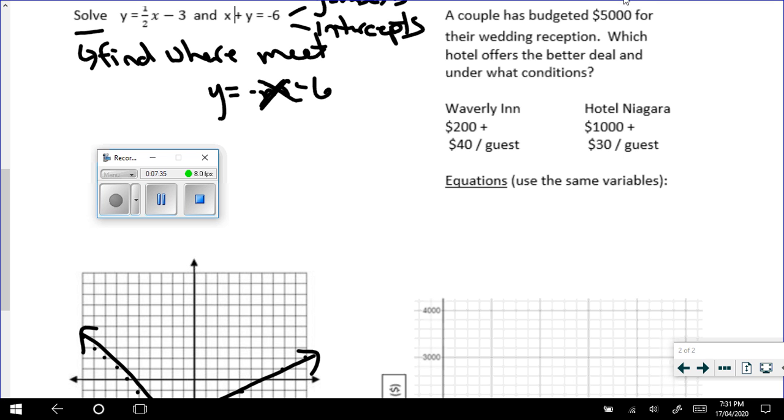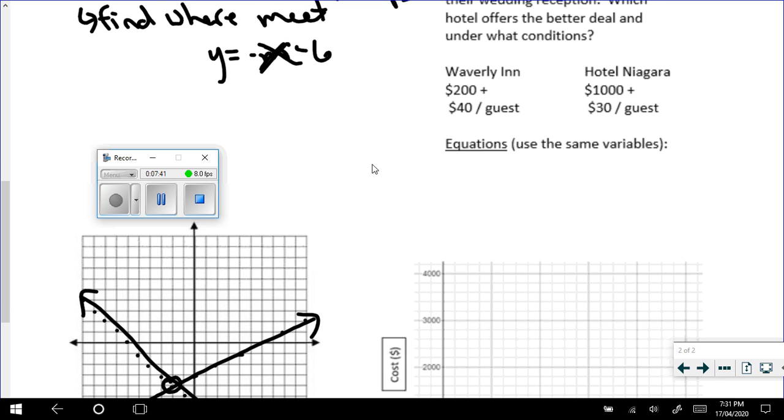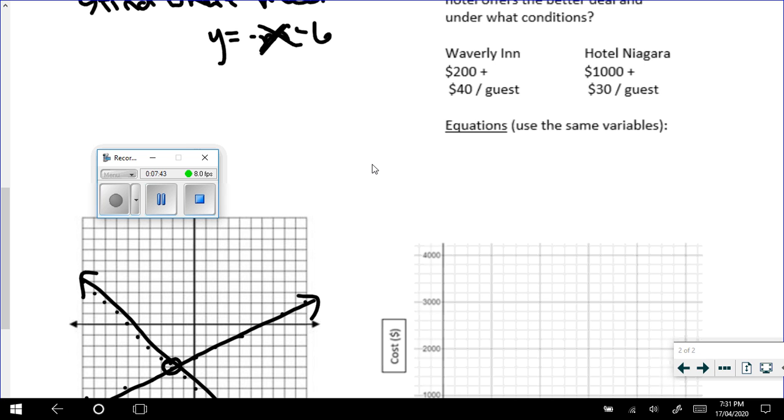Okay. A couple has budgeted $5,000 for the wedding reception. Which hotel offers the better deal and under what conditions? So we've actually just been given a whole bunch of information. For Waverly, the cost is $40 per guest plus $200 just to get in.